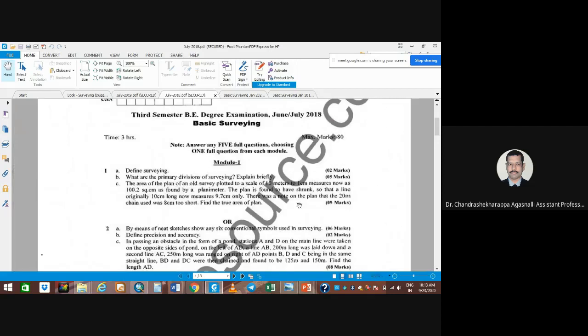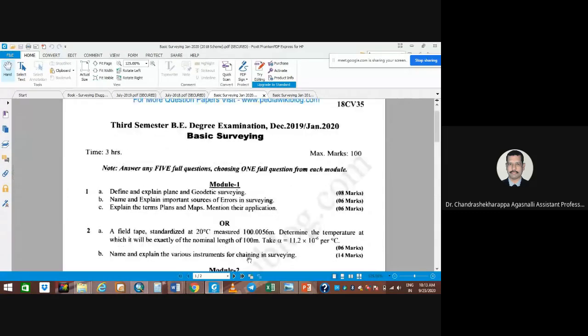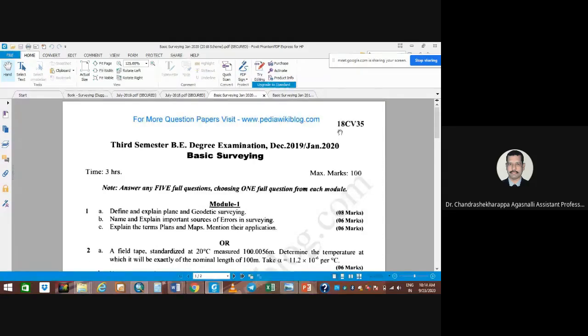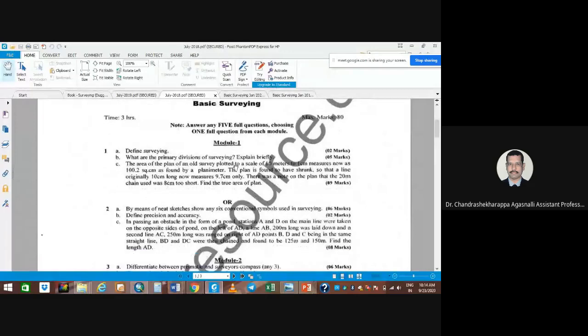Yes, this is another type of problem. Have you seen any other things here? No, here is the very simple one, the temperature corrections. I think this type of problem may arise. One side they will give you only theory, and on the other side an option of one theory and one problem within that, for 20 marks. In the earlier 60-40 scheme it was like this, but in the 80-20 scheme they are asking two problems on both sides.